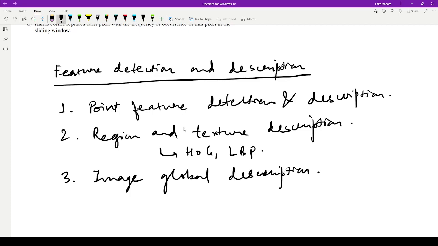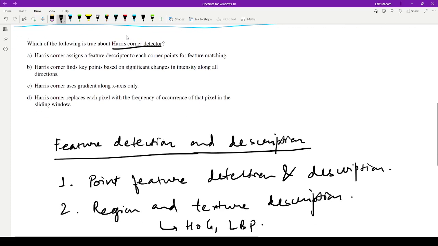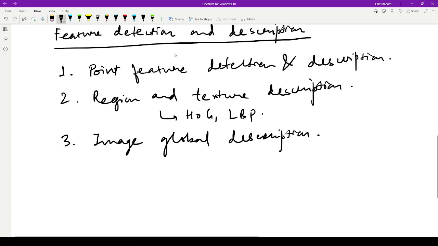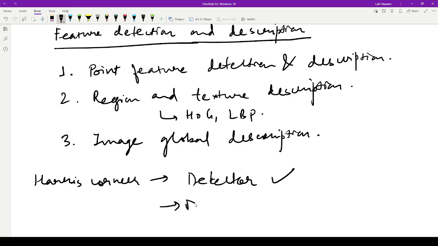Okay. So given these three things, which category does Harris Corner fall in? Point feature detection. Okay, at least that's good that we have that clarity. So it's mostly for the detection part. There is no description out there. Harris Corner is a detector, first of all, and not a descriptor.